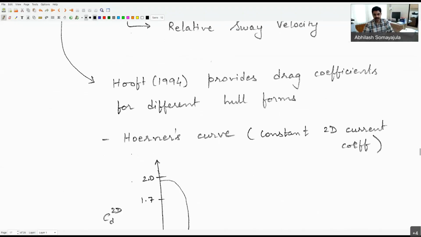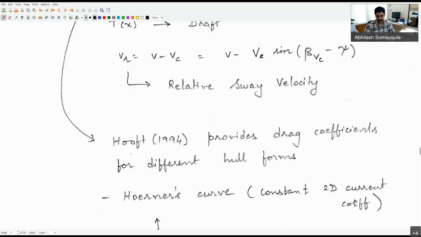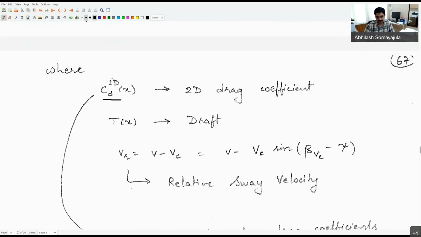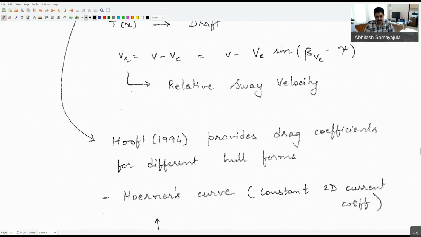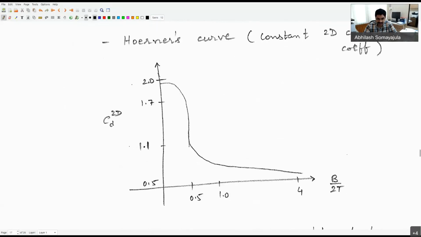All right. There are different ways to get these drag coefficients, and we are not going to spend too much time on it. People have done several studies and looked in detail at how these drag coefficients change when the hull form changes. So for a container ship, how does it look? Or let's say a tanker, how does it look? And so on. But there have also been other studies where they tried to make a generalization: can I find a single curve which gives me what these drag coefficients look like?